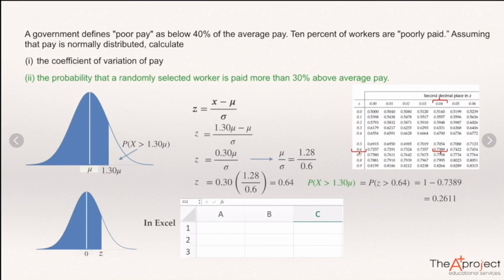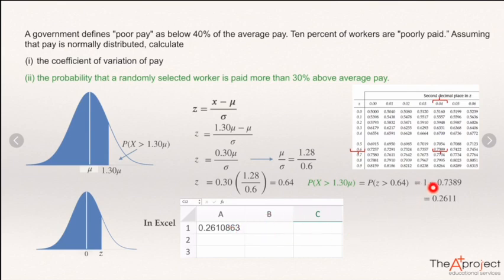So anytime that you want to look for an area to the right of the value z, you can do 1 minus the probability distribution, the normal distribution in this case. So let's type here, 1 minus normal standard distribution of 0.64. Press enter and Excel is going to give you the answer. Let's do that. Enter. The answer will be 0.261063. That is the same answer that we obtained here, but now with more decimals.